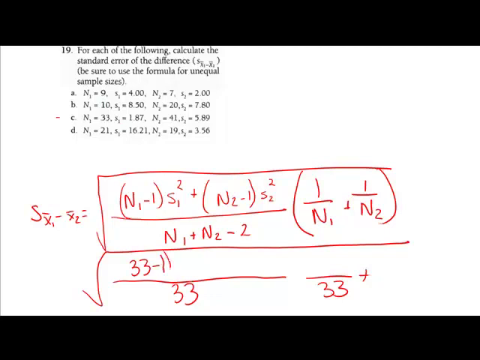So 33 minus 1 times 1.87 squared. Any other S1s in here? Nope. N2. N2 is 41.